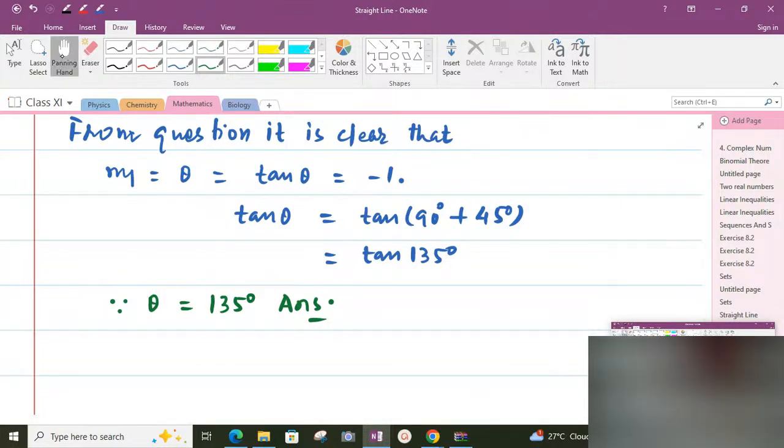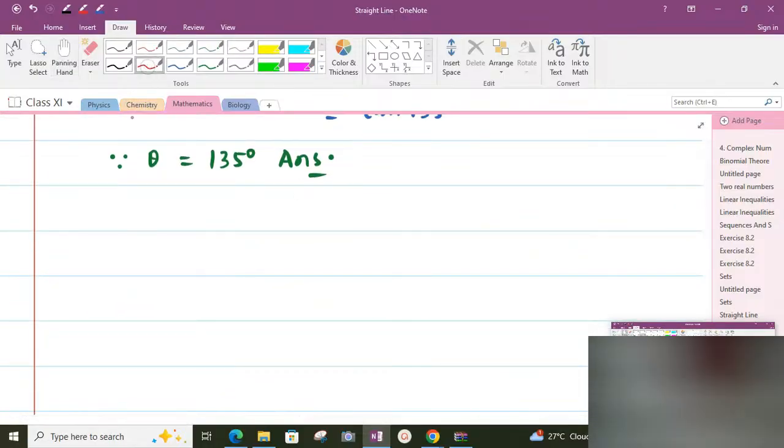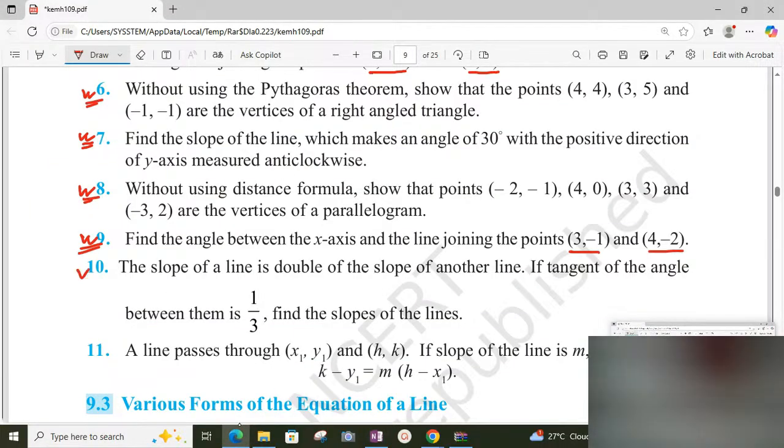Let's see the next question, which is question number 10. Here we have question number 10. The slope of a line is double of the slope of another line. If the tangent of the angle between them is 1 by 3, find the slope of the lines. Hope that there is no problem to understand the question. It means that in this question we have two lines.